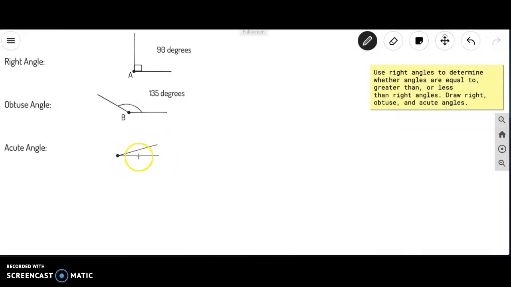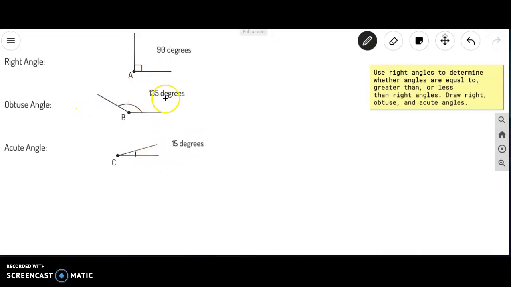Just like before, we open up from this bottom line, so I'm going to draw my line to signify that this is an angle right here. We'll name this C, and we'll say that this angle is about 15 degrees.